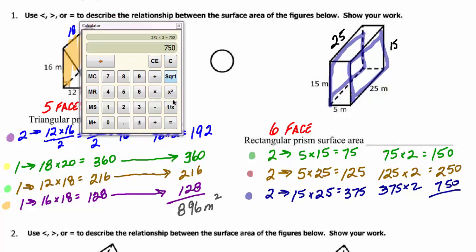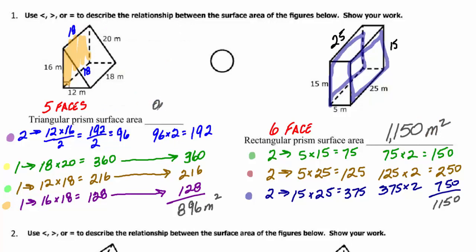And when I add all those together, 750 plus 250 plus 150, I get 1,150. So this is 1,150 meters squared. This is 896 meters squared. And so this is less than.